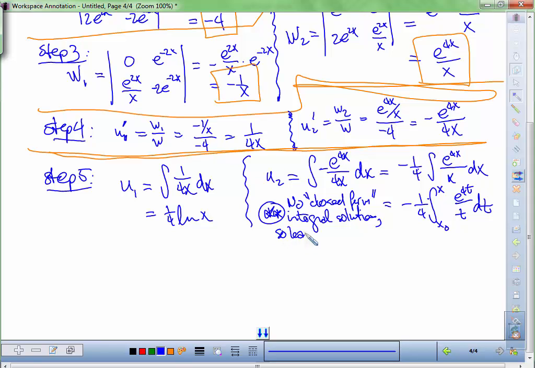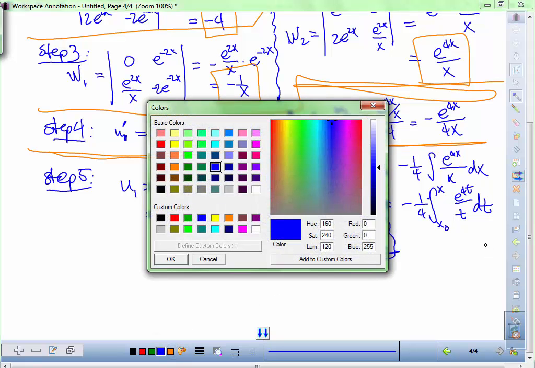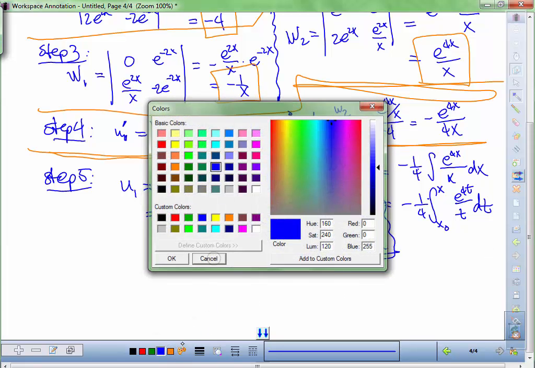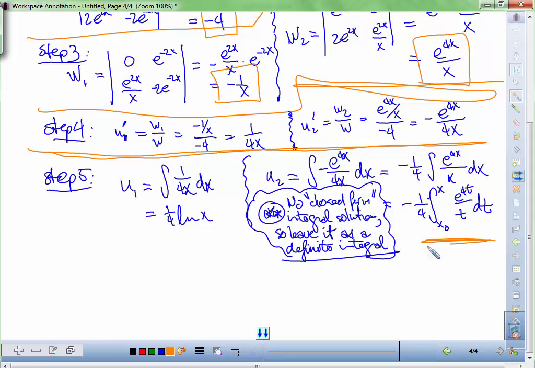So leave it as a definite integral. So that's step 5.